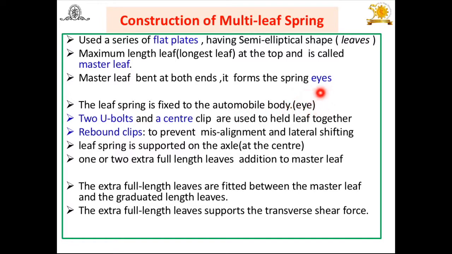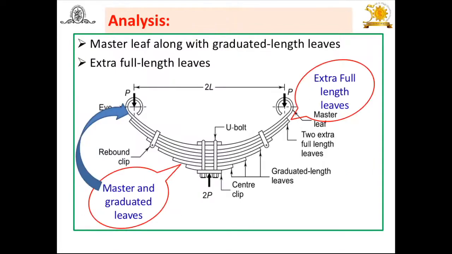The two U-bolts and center clips hold the leaves together. Rebound clips are also used to prevent misalignment and lateral shifting. The leaf spring is supported on the axle at the center. One or two extra full length leaves are used in addition to the master leaf, and they help to support the transverse shear forces. This is about the construction.